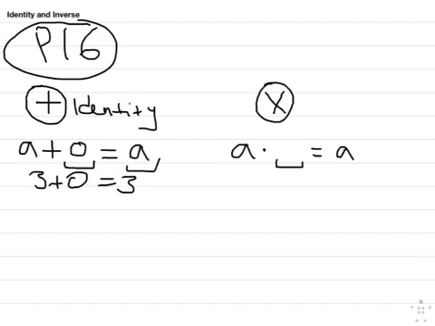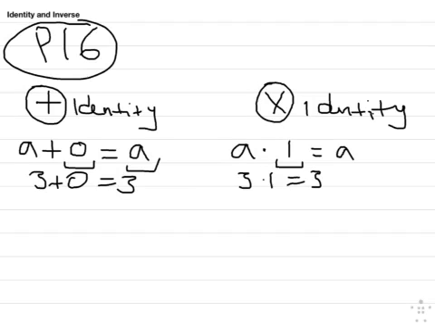Well, if we use 0, we're not going to get the same thing. We're going to get 0. So it's not 0. For multiplication, we find that the identity is 1, because anything times 1, 3 times 1, is 3 again. 0 is not going to work.